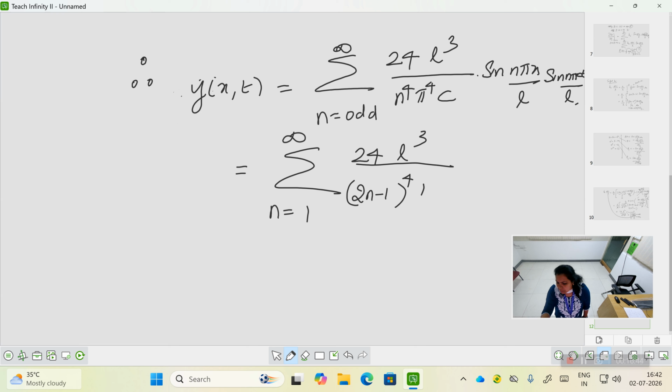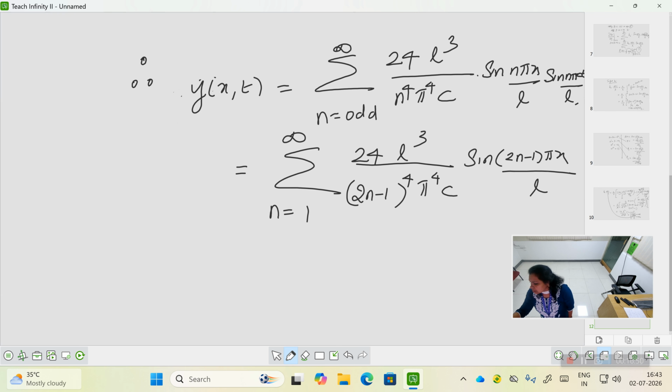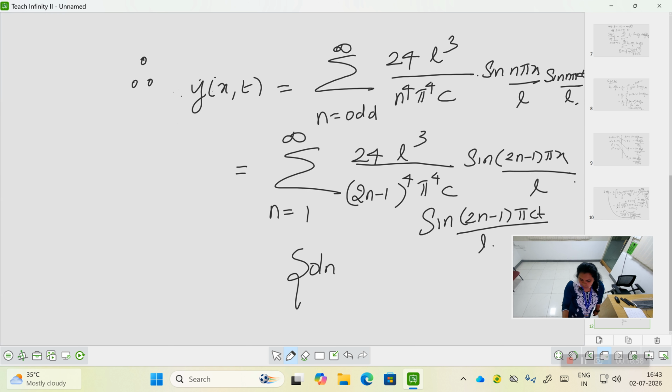So if you replace the term, you get exactly sin (2n minus 1) pi x by L, sin (2n minus 1) pi ct by L. So this is the solution of the one-dimensional wave equation.